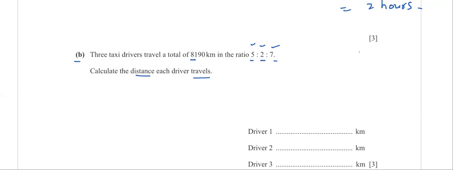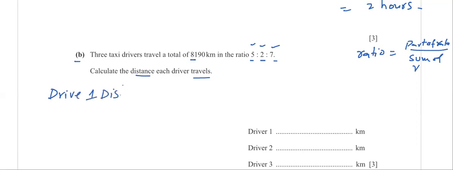For any ratio, how do we find any particular part? We say the part of ratio divided by sum of ratios multiplied by total distance. So if I have to take the distance for driver number one, the ratio of driver number one divided by sum of the ratios, 5 plus 2, 7, 7 plus 7, 14, multiplied by total distance.